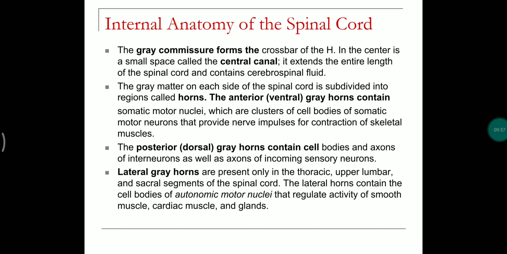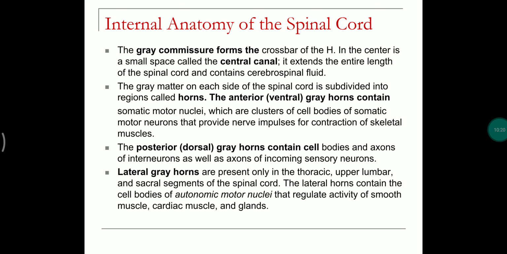Anterior gray horns consist of somatic motor nuclei, meaning clusters of cell bodies of somatic motor neurons. Posterior gray horns consist of cell bodies and axons of interneurons as well as axons of incoming sensory neurons.